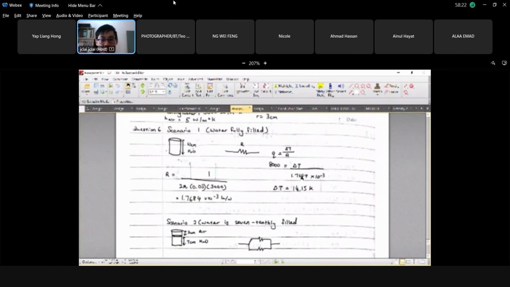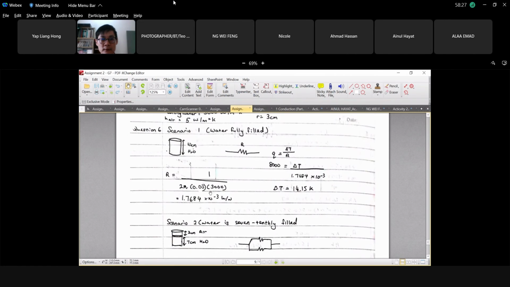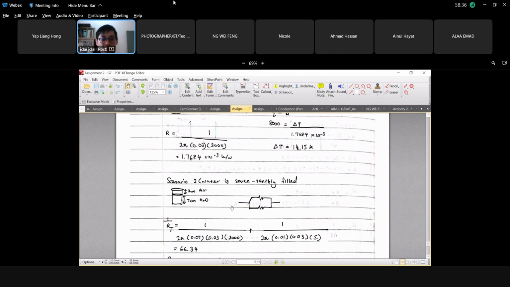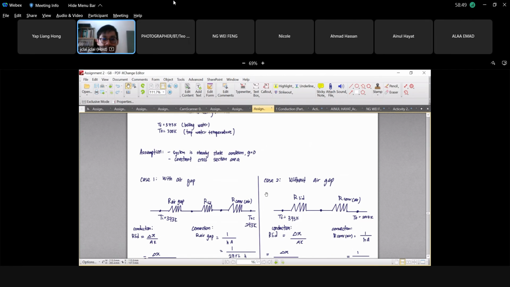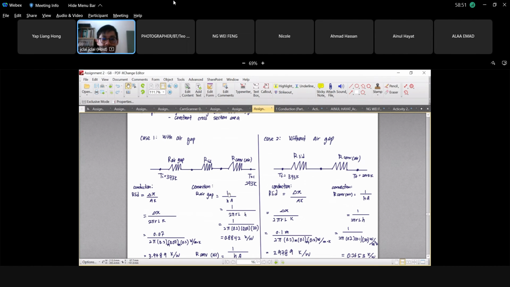Let me see. I don't understand why you use convection. This part 2 is wrong, because how can it be parallel? I don't understand. And group 8, looks correct.